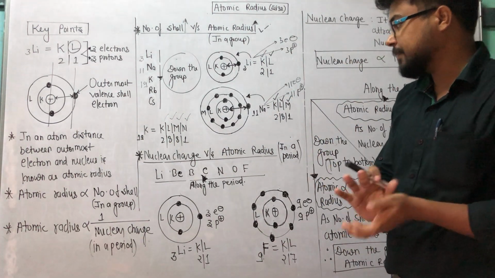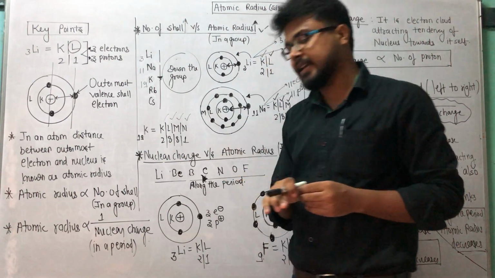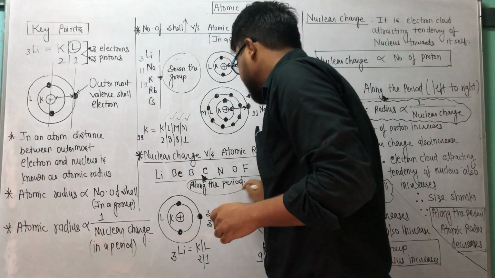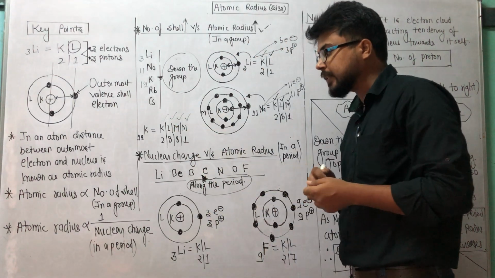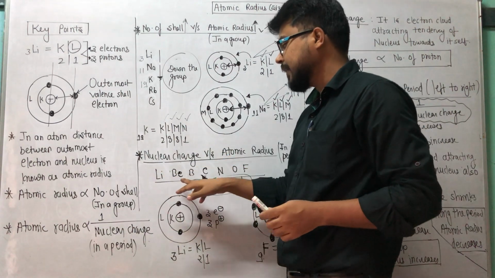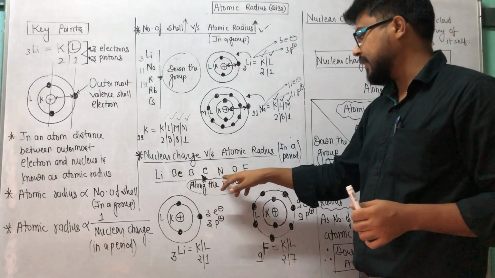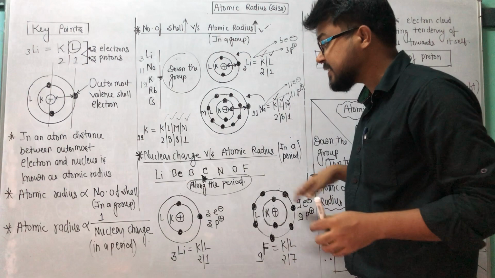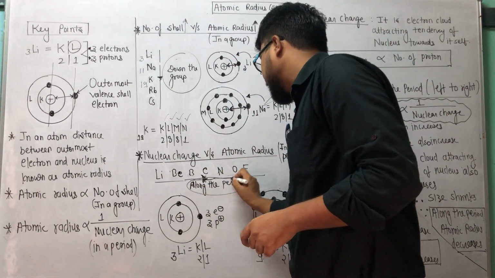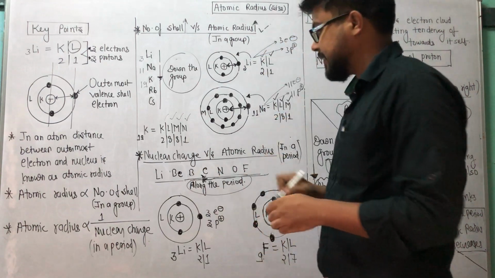Now the next concept is nuclear charge versus atomic radius, and this concept we discussed along the period, correct? So I took the elements of the second period, that is lithium, beryllium, boron, carbon, nitrogen, oxygen, fluorine, and I study them from left to right. That's why I indicate this sign, I'm moving left to right, correct?